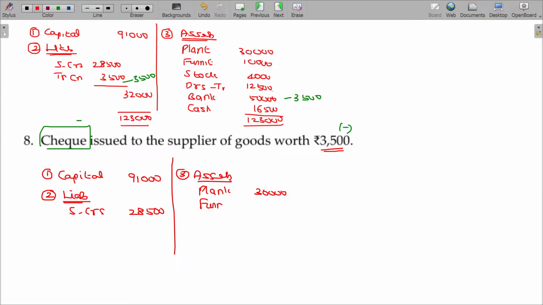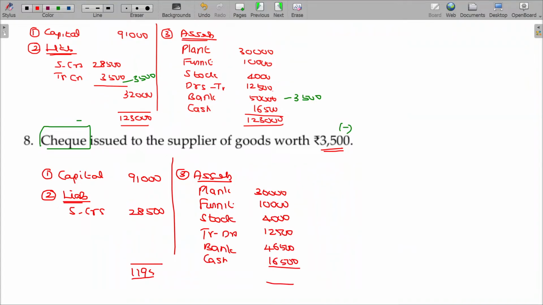Furniture remains as it is. Stock also remains unaffected, 40,000. 1,19,500. Okay. 1,19,500 after the eighth transaction.